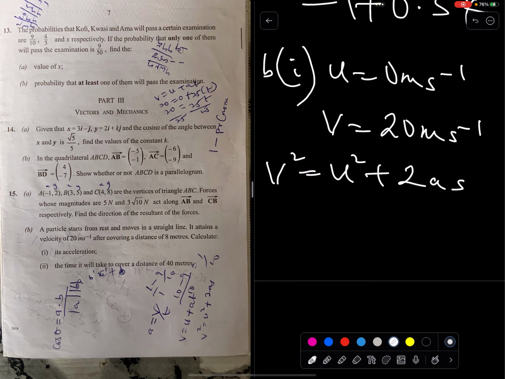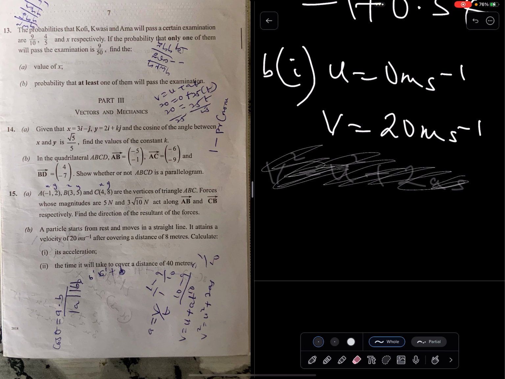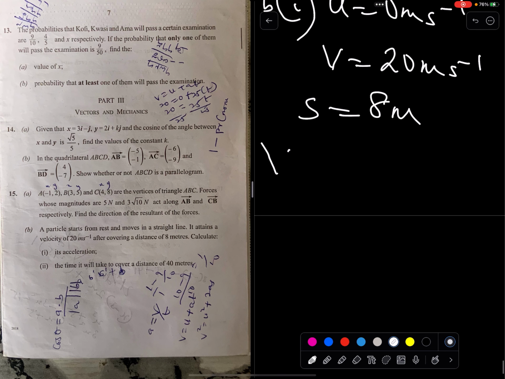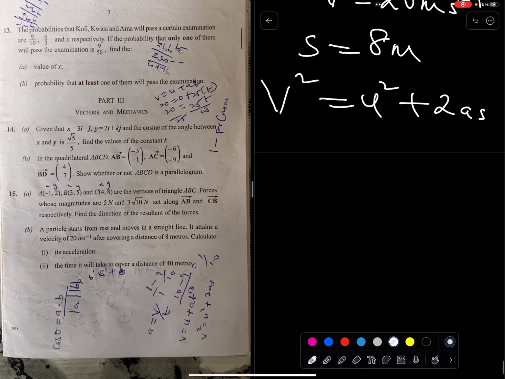They said it attains a velocity of 20 meters per second after covering a distance of 8 meters. So the formula we're using is v squared equals u squared plus 2as, and that simply means 2as equals v squared minus u squared.